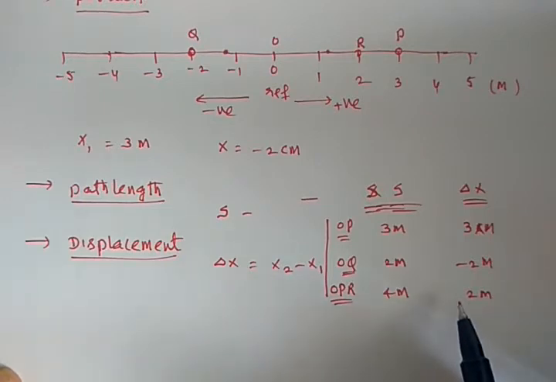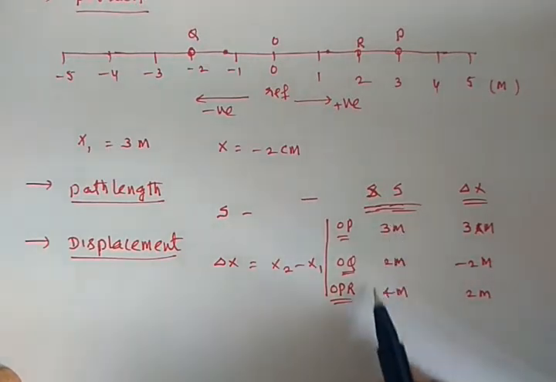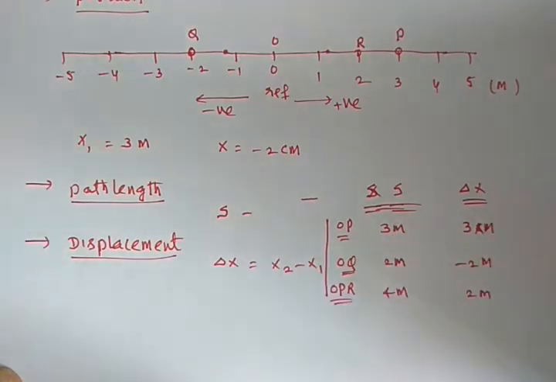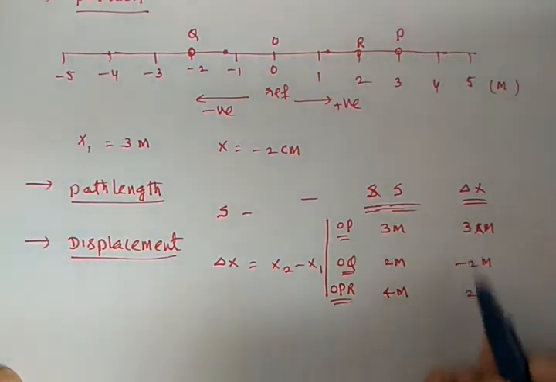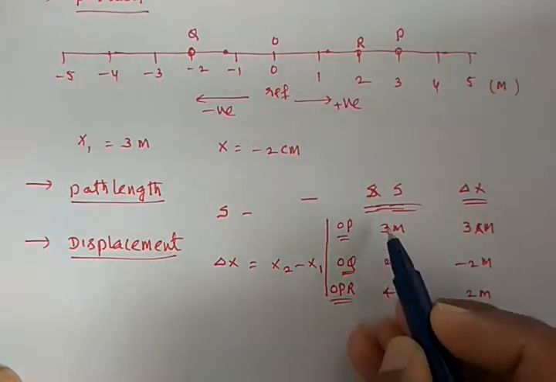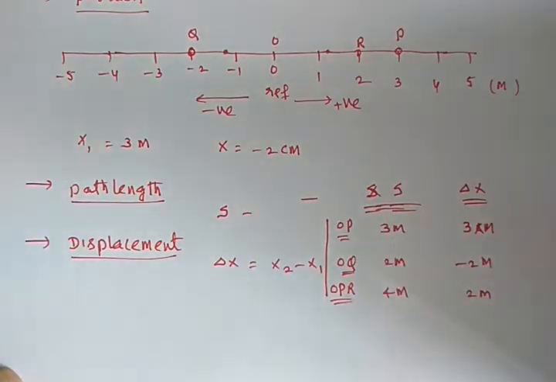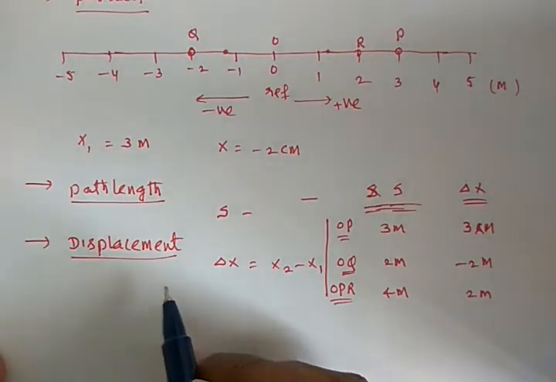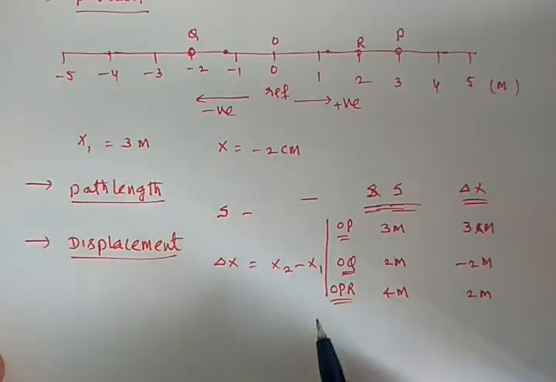And third conclusion: path length is only a positive number, whereas displacement can be negative or positive. Because path length is defined as the total length covered by the body, whereas displacement is defined as change in position of the body.